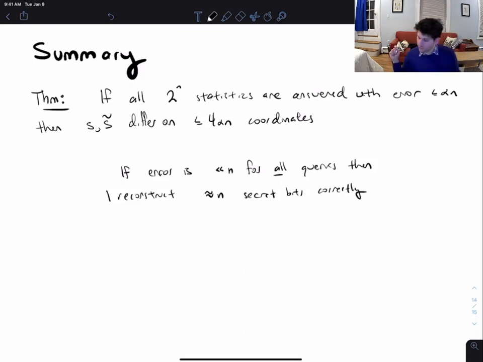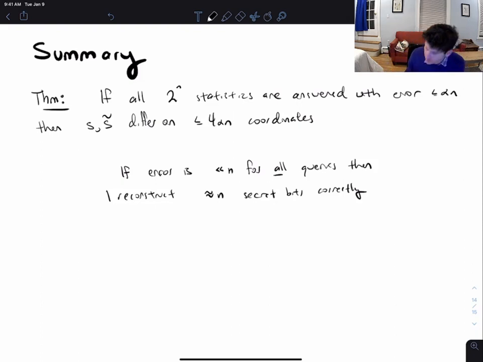So you can prove things like, if all the answers are correct to within plus or minus 1%, that would be alpha equals 0.01, then I reconstruct 96% of the bits correctly. And if I reconstruct with error, say, square root of n, then I'm going to get n minus square root of n people correct. So the number of people that I'm wrong for is going down proportional to the error in the queries.